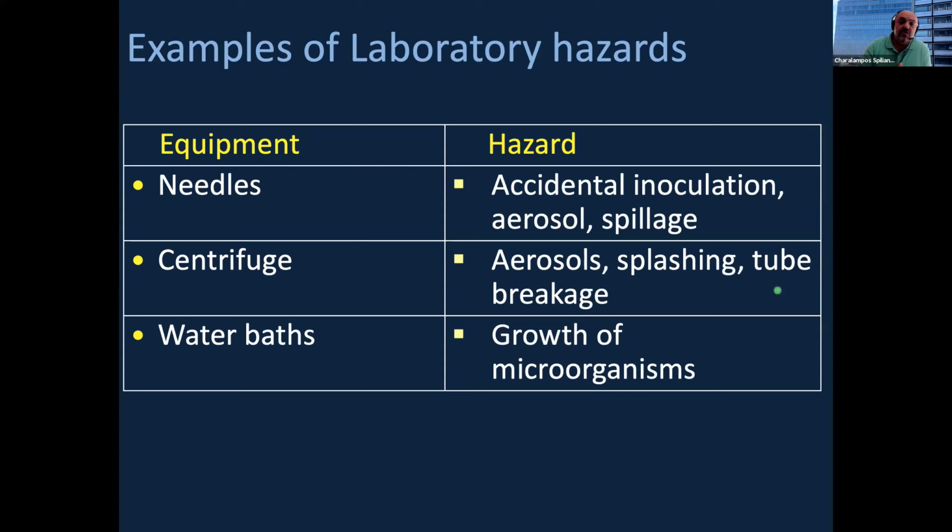Centrifuges, because, for example, a tube could break and the contained material could be spilled over and create aerosols and potentially infect the people in the lab. But also needles that we utilize in order to work with the biohazardous materials. If we accidentally inoculate ourselves, then this could potentially be hazardous to us.